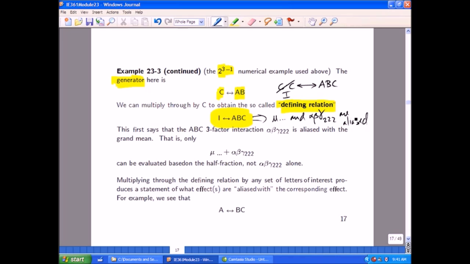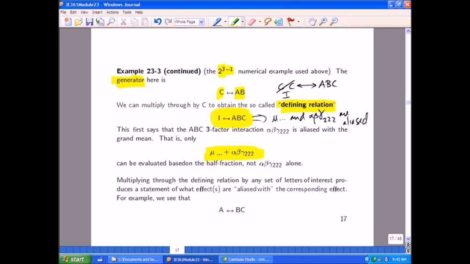That is, I cannot put my hands from the half fraction on either of those individually. All I can do is to evaluate their sum. I cannot know either of those things individually. I can't know mu dot dot dot. I can't know alpha beta gamma 222. I can only know their sum.